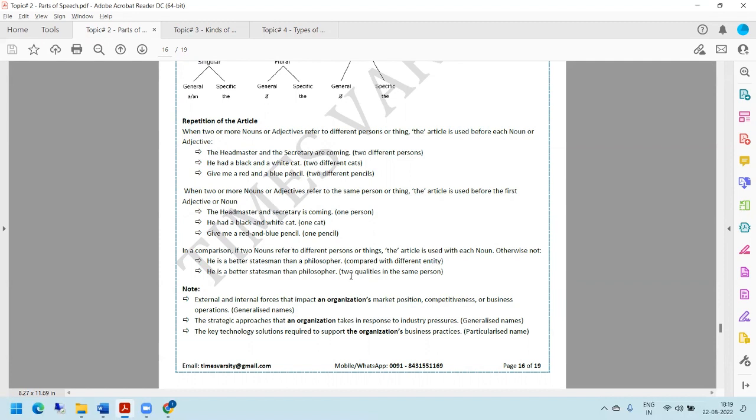Why? Because here we are talking about two qualities in the same person. This is how we need to distinguish between what we would like to express.